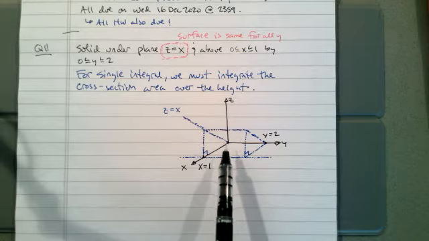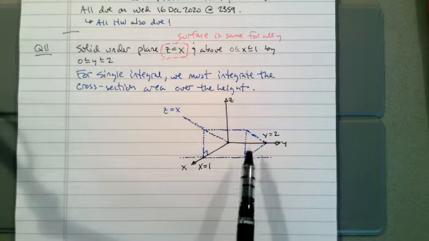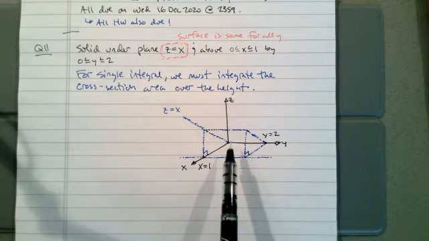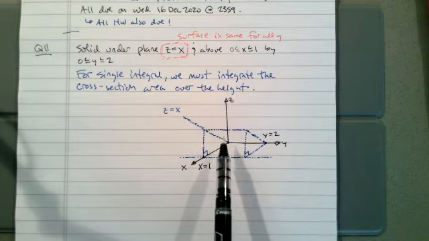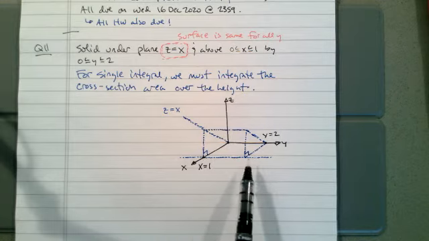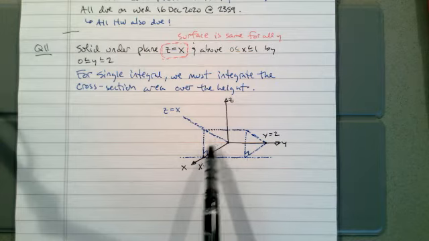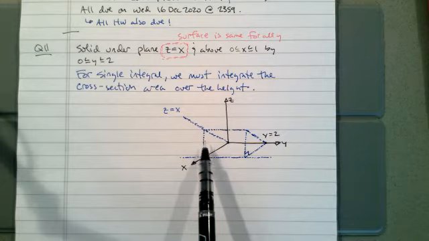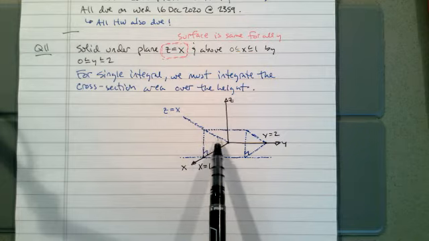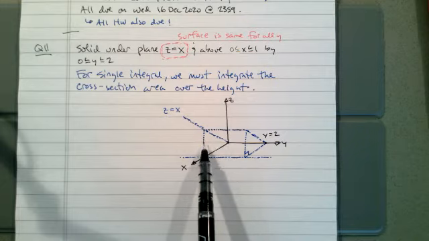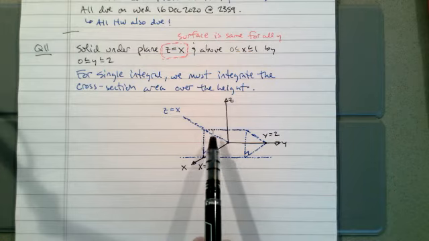If we integrate along z, we've got this big rectangle that's the floor, and then as we go up, we get smaller rectangles. It's always 2 for the y, but the distance, the height from this corner to this angled edge gets smaller as we go from the floor up to the ceiling.